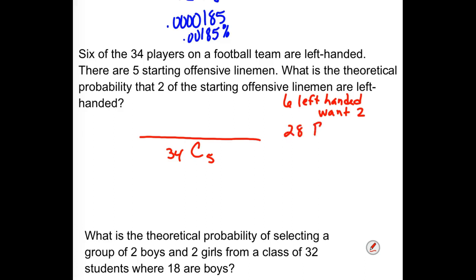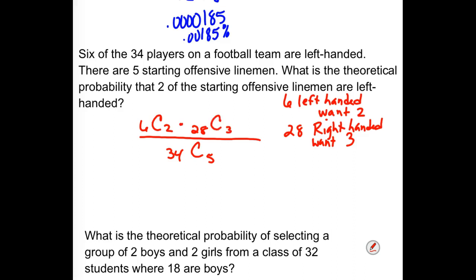Okay, so we have 28 that are right-handed, and we need how many of those? 3? All right, so how do we set up the top part of our probability statement? 6C2, that's how we have 6 left-handed players, and we want 2 of them, times, okay.